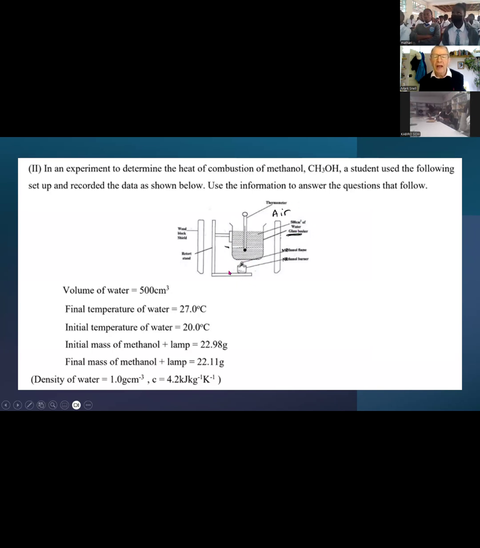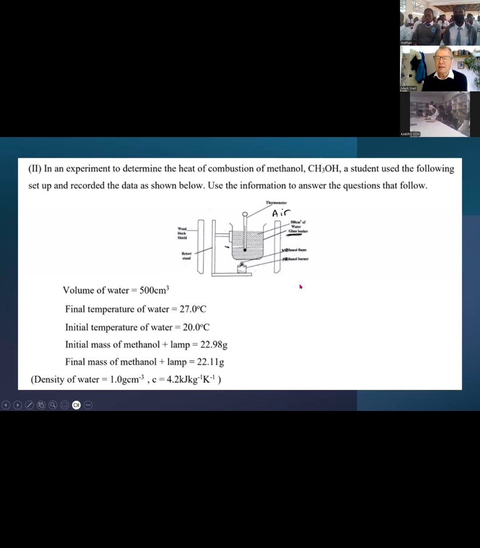And you have to weigh the little burner before and after, so you know how much of the alcohol has been burned. And you get a set of data like this. If you're doing paper 3, you would need to collect this data. But in paper 1 or paper 2, this is what you get.